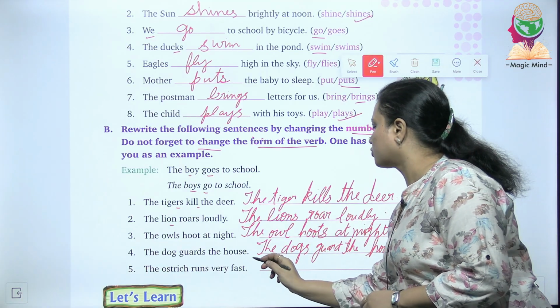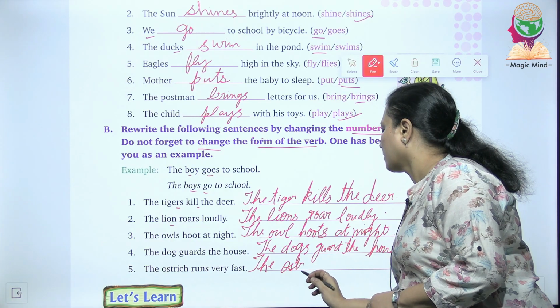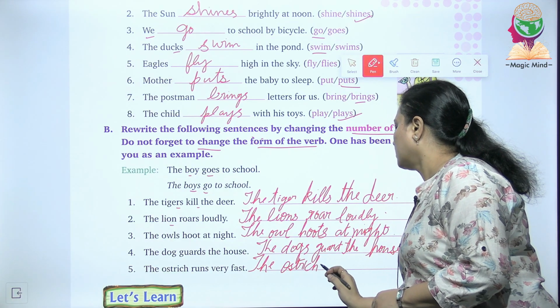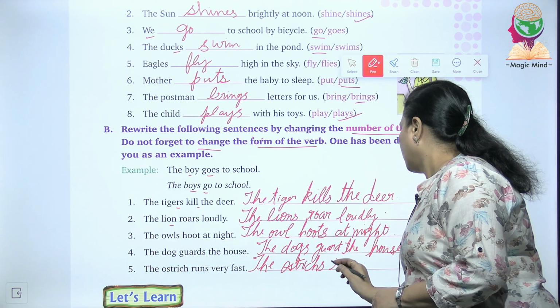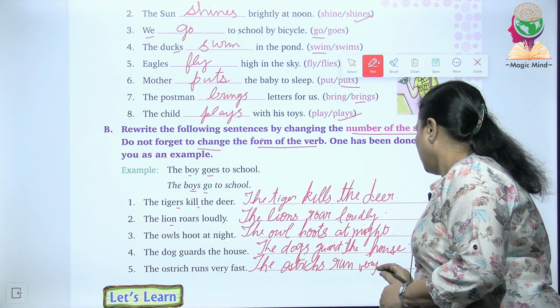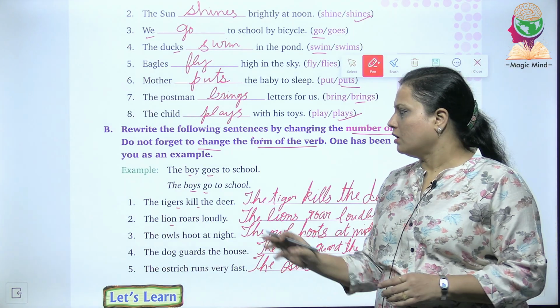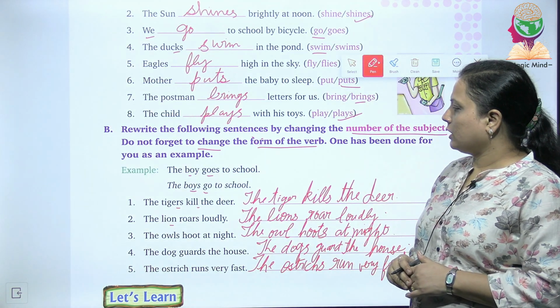So we'll change the ostrich into the ostriches. The ostriches run very fast. So with this we have completed our question, the B question.